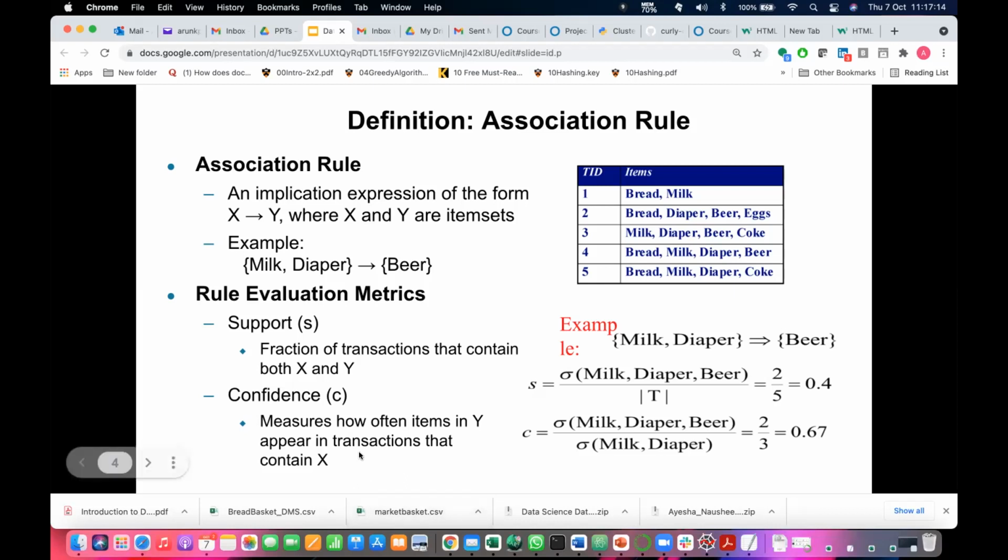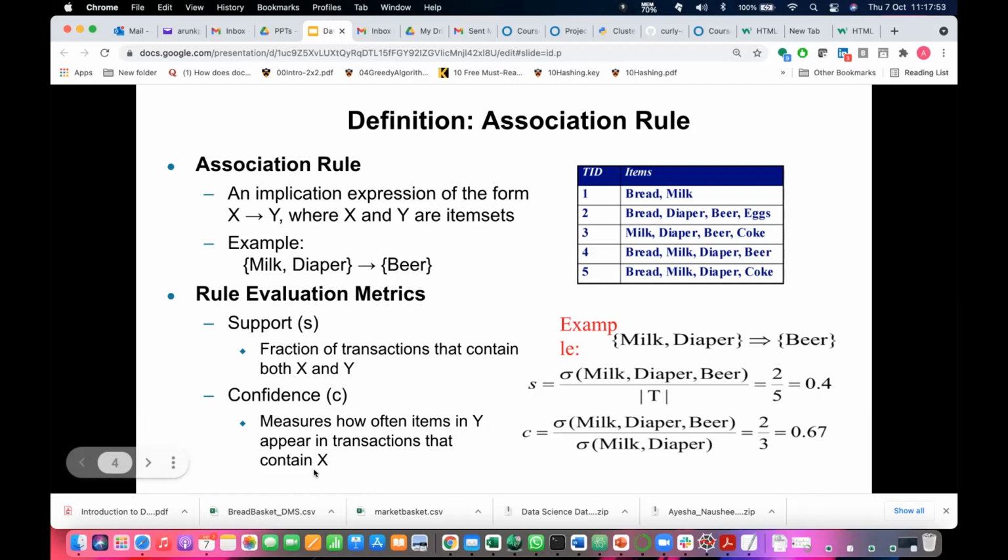In other words, how many times you see X in the same basket, you can also see Y. Say we have seen X 10 times, and in those same transactions we see Y 8 times. Then the confidence of this association rule will be 8 by 10, that is the support of X and Y together divided by the support of X.